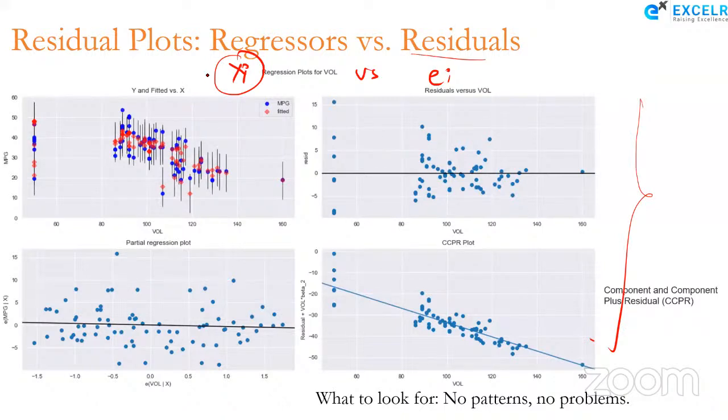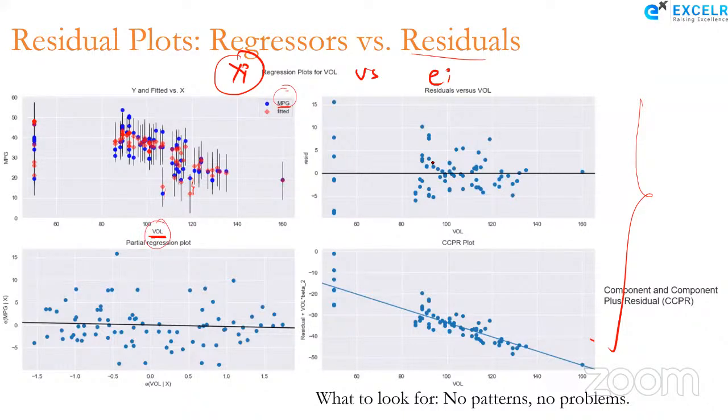The blue dot is the MPG, the target variable y, and we want to see how much volume is contributing in generating errors in your MPG. This blue dot is your actual, and the orange dot is the predicted one. If there is a difference between these two, predicted and actual, it means there is error being introduced because of this volume variable.